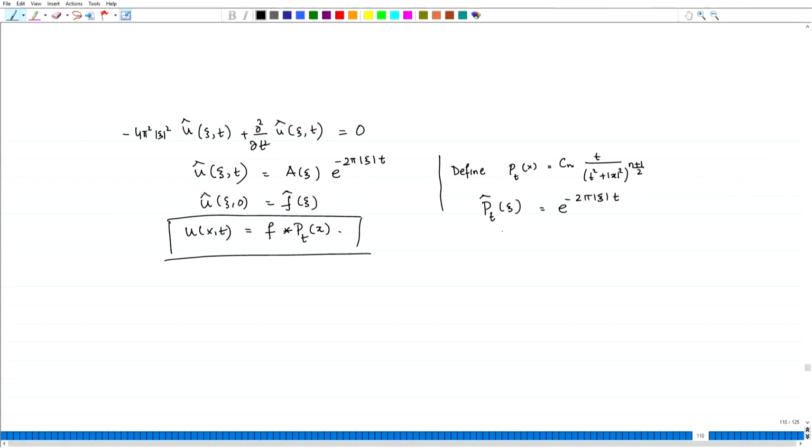Now, I would like to indicate how one arrives at this in higher dimension, which is a little tricky. I will not give the full details, but you can find out what is going on while computing this Poisson kernel's Fourier transform.